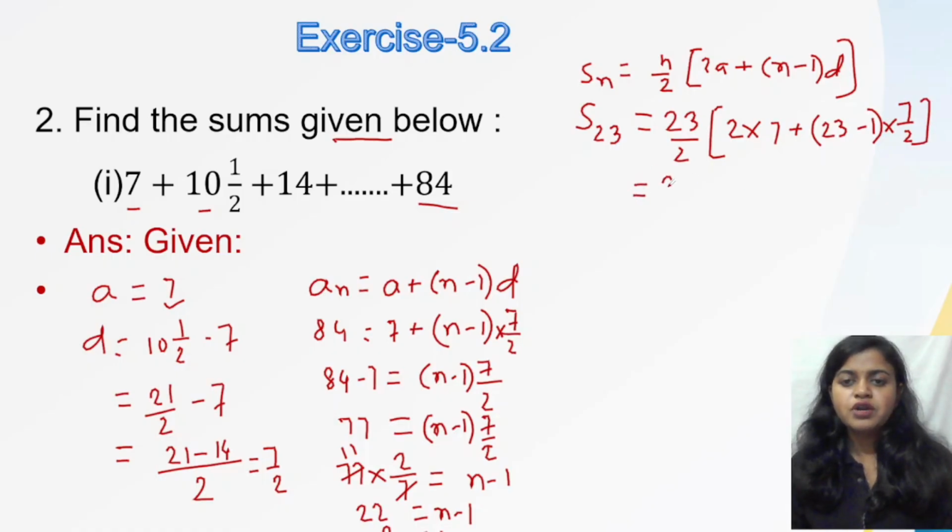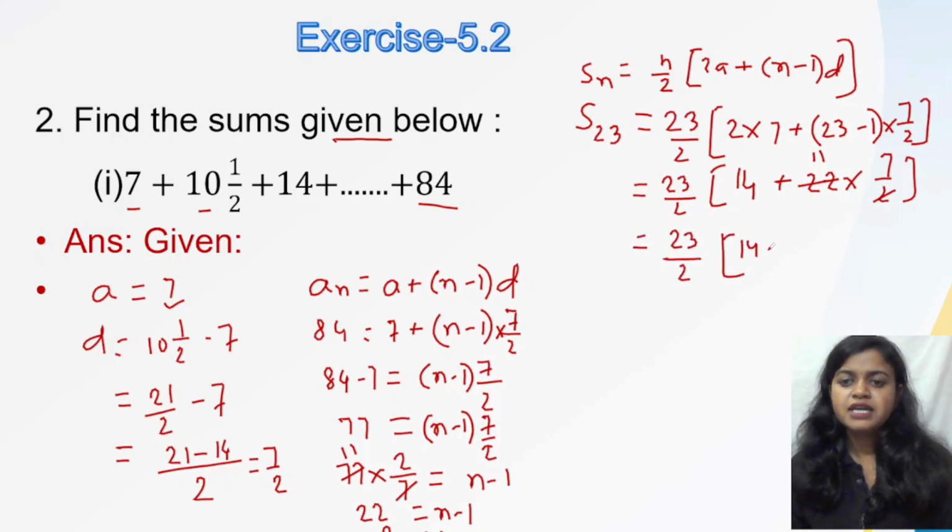So now 23 by 2 into 2 sevens are 14, plus 23 minus 1, 22, into 7 by 2. So this will be cancelled: 2 elevens are 22. So this is 23 by 2 into 14 plus 77, since 11 sevens are 77.